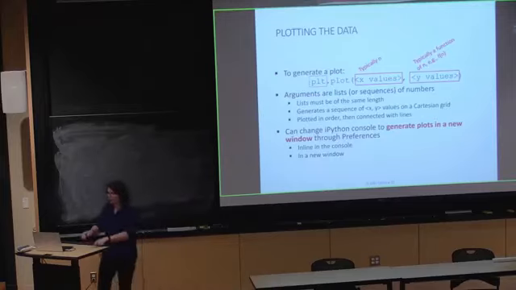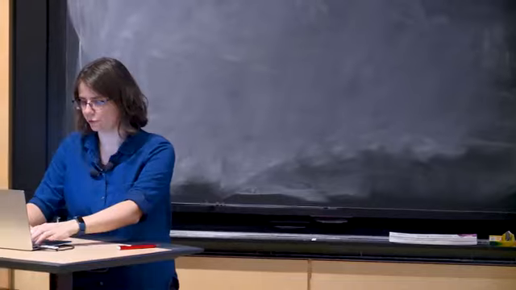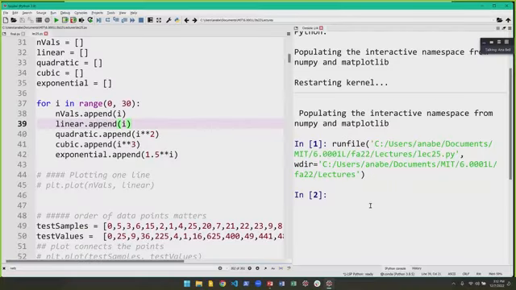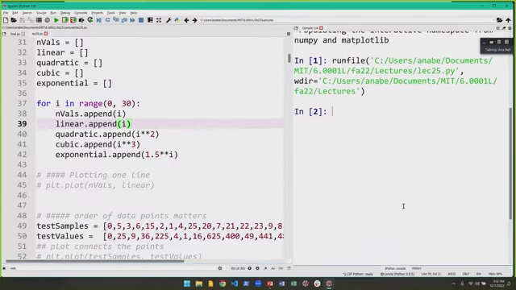So when we run the code, Python will generally plot the values in either a new window or directly inline in the console, so right over here. Right? So right in here, it could put the plot directly in line with a bunch of stuff that you might print out.